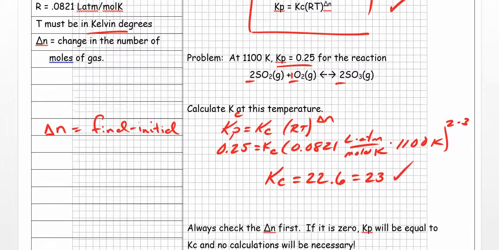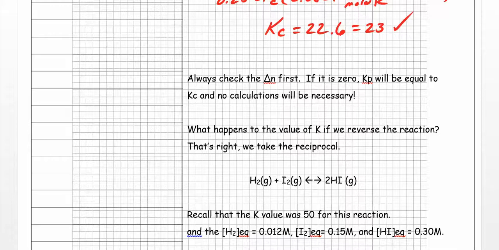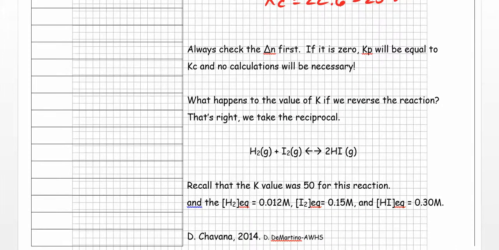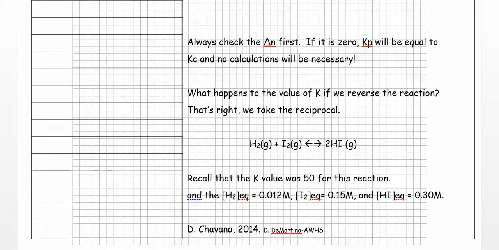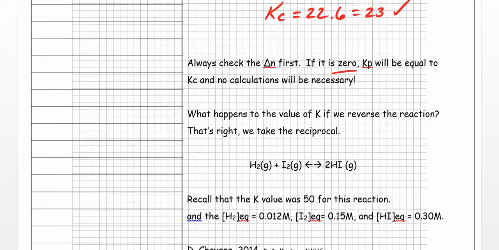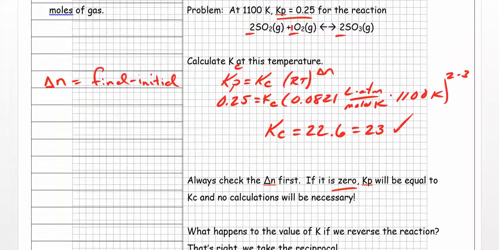Now, the next thing is I want to talk to you about a little trick, and that is this. Folks, always check the delta N before you start a problem involving the relationship between Kp and Kc. The reason is this. If the delta N happens to be 0, remember that all of this, the Kc, the RT to the delta N, anything to the 0 power is 1, which means that Kp would be equal to Kc.